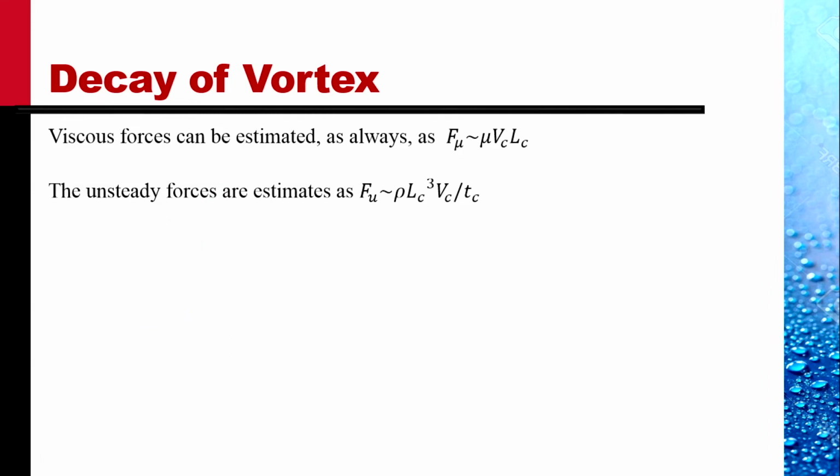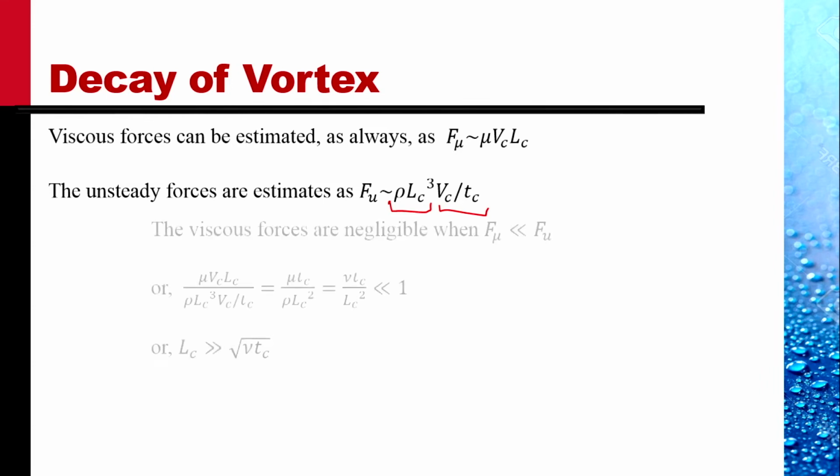So we obtain the estimates of the various forces. The viscous forces and the unsteady forces are the two relevant forces in this decay. The viscous forces can be estimated, as always, as F mu is equal to mu Vc Lc, exactly the same as we obtained a number of times earlier wherever we estimated the viscous forces. And the unsteady forces are like mass times the unsteady acceleration with time, and that is Vc divided by Tc.